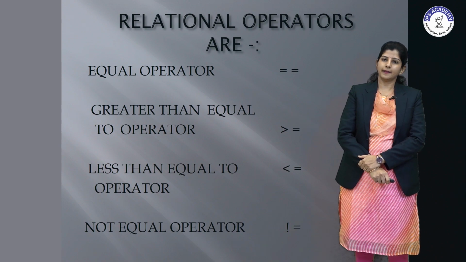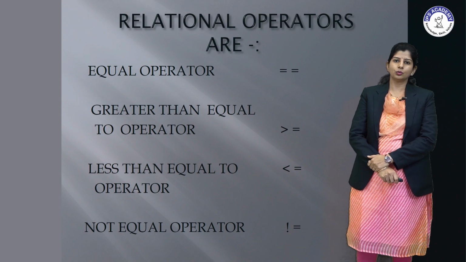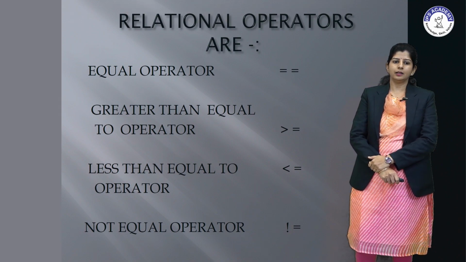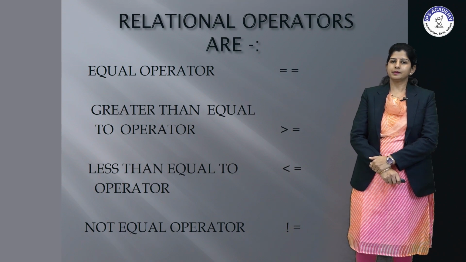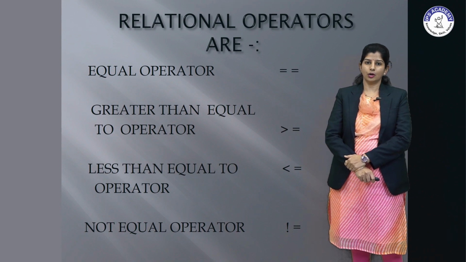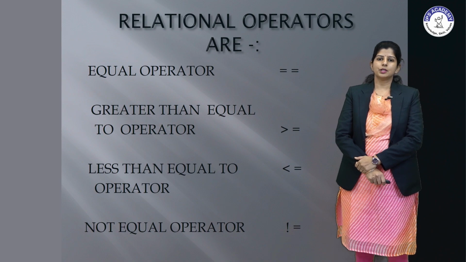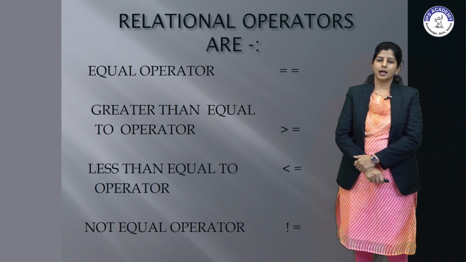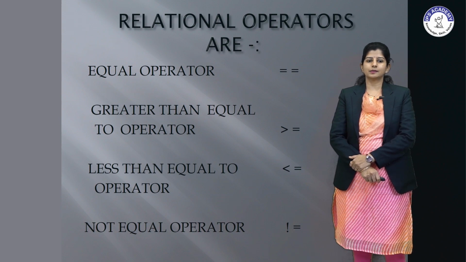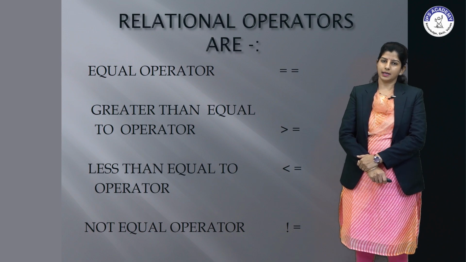Next one is the greater than or equal to operator, which is used to compare two operand values. Then the less than or equal to operator and the not equal to operator. Please note that this is the not operation. The not sign is just an exclamation sign which we find on our keyboard, and when we use not with a single equal sign, that is called the not equal operator in the C programming language.